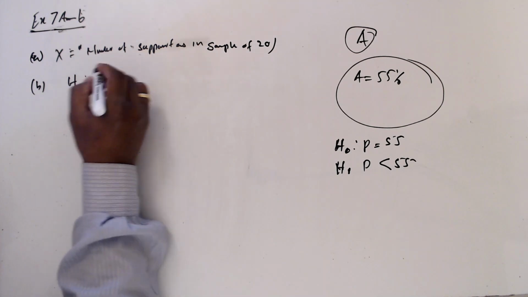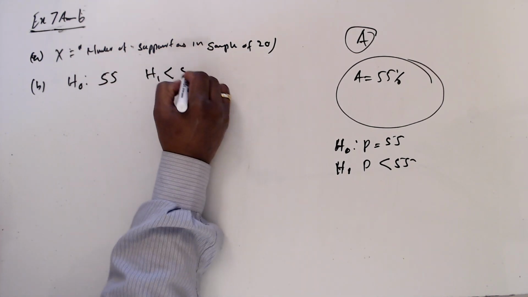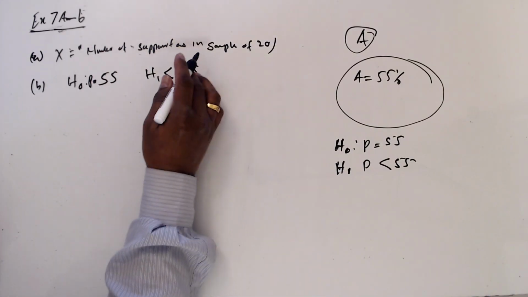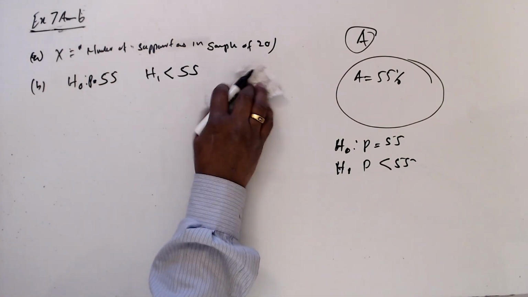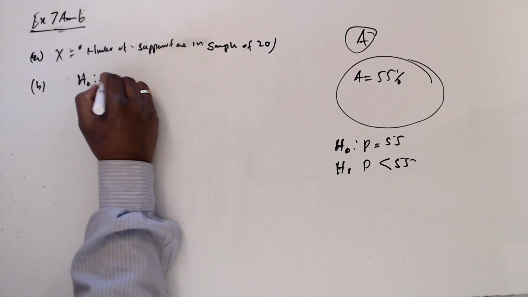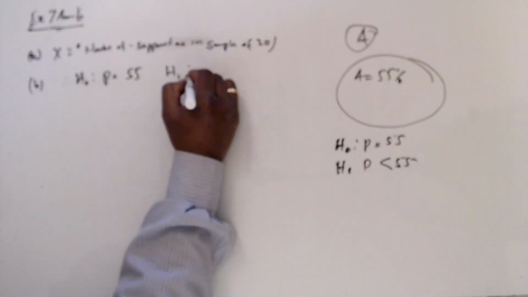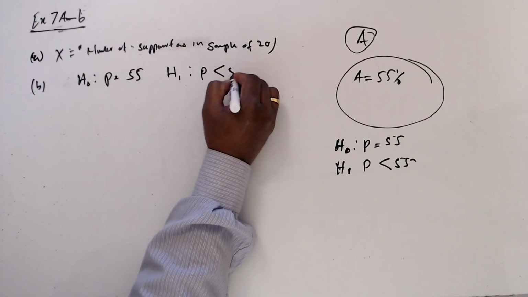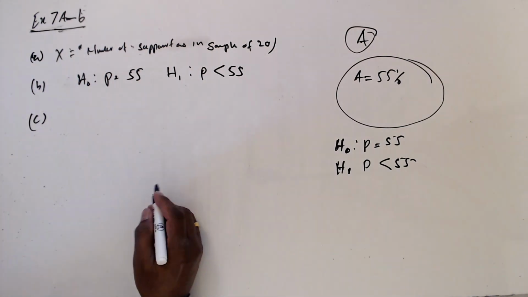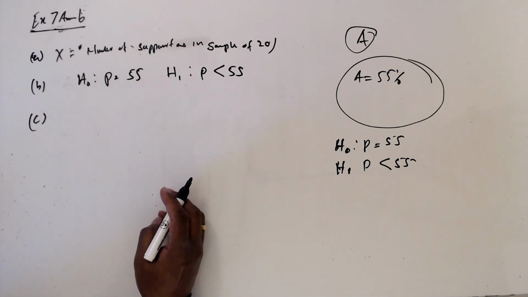Part B, write down two suitable hypotheses. So H naught is P equal 55% and H1 is P less than 55%, since they want to check whether this has reduced. And part C, explain the condition under which the null hypothesis would be accepted.